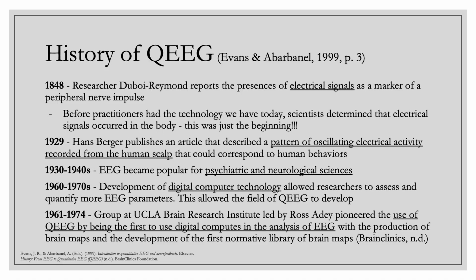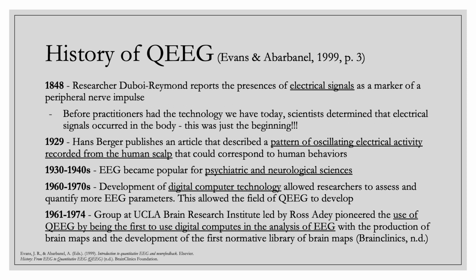Then in the 1960s and 70s, we were able to look at different montages of the EEG, and we were also able to average this activity out and do calculations to get quantitative data. And then from 1961 to 1974, a group at UCLA led by Ross Adey pioneered the use of QEEG by being the first to use digital computers in the analysis of the EEG.